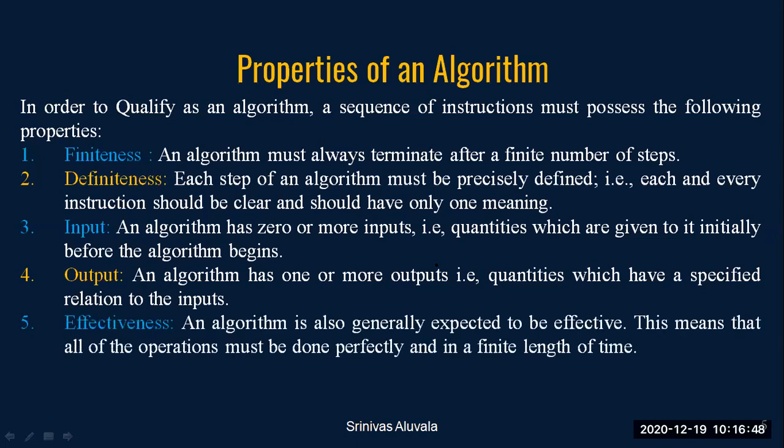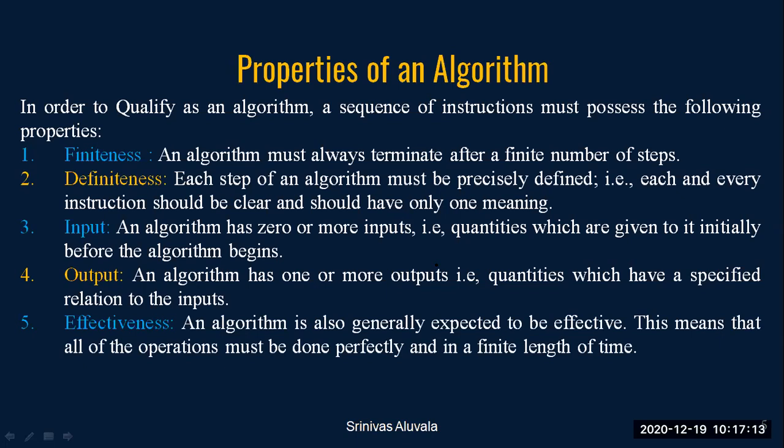And we have one more property of the algorithm, that is effectiveness. Effectiveness means all the operations of the algorithm should take a finite length of time. They must be done perfectly. Every statement should have a length of time.